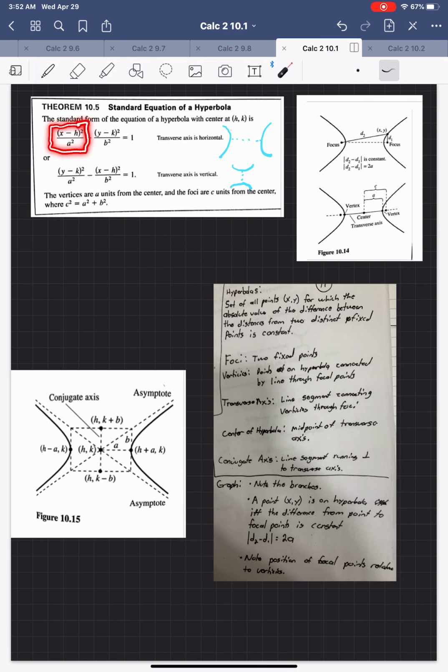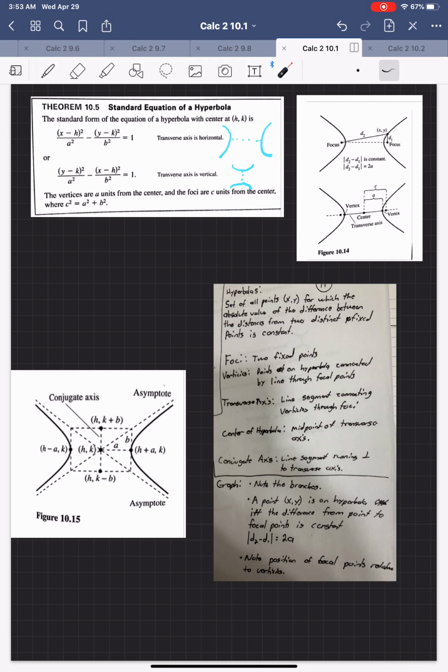Is the x the positive or the y the positive? Will you agree with me? In this case, x is positive, and since we have minus y, k squared over b squared, the y would be negative. So if your x variable is the positive one, then your hyperbola is going to run horizontally, meaning the transverse axis runs horizontally.